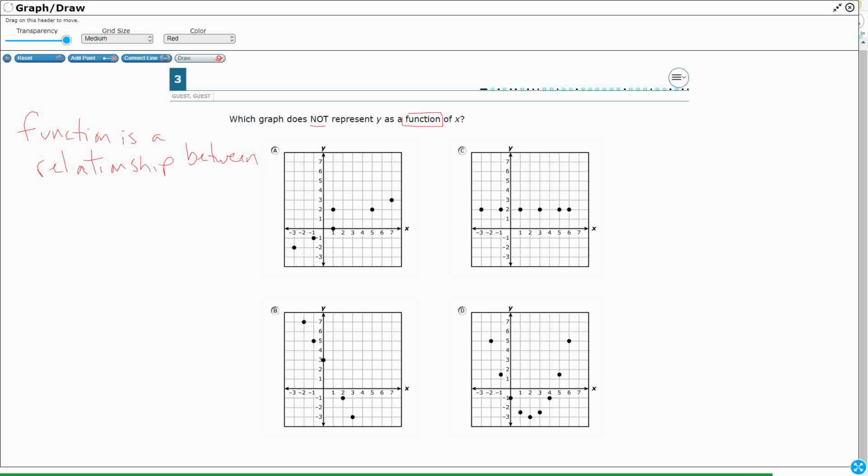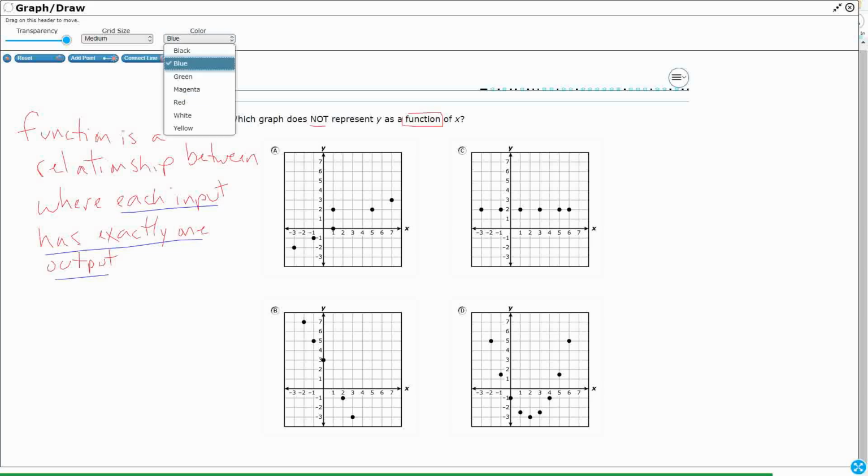So we're going to see our variables here graphed for us, x and y, where, and here's the key, each input has exactly one output. That is kind of our qualifier here. So each input has exactly one output.